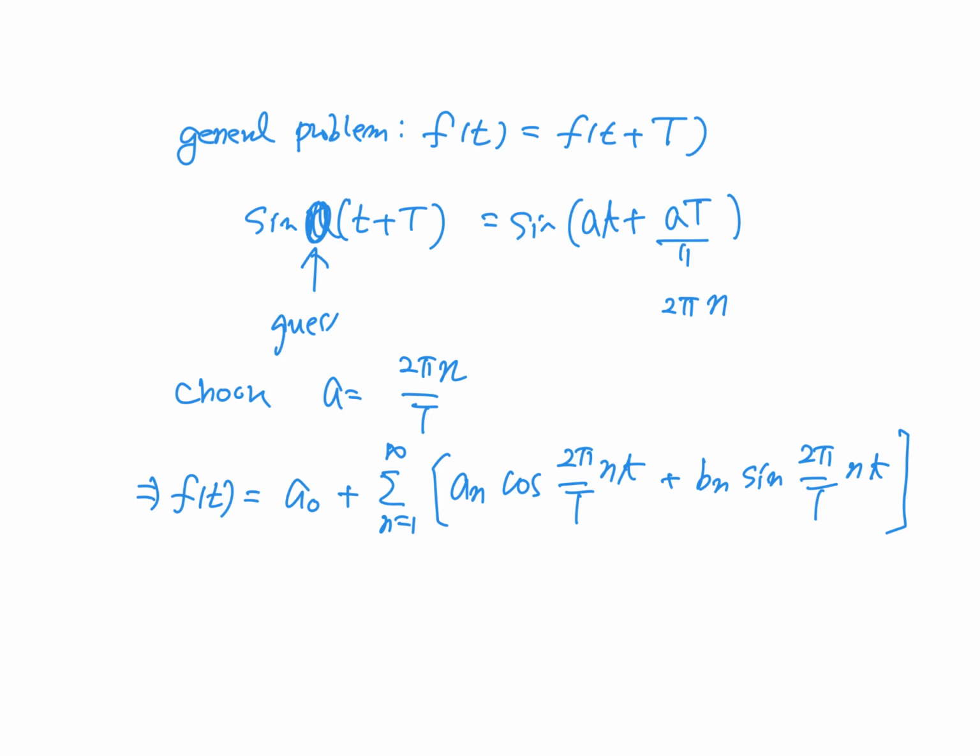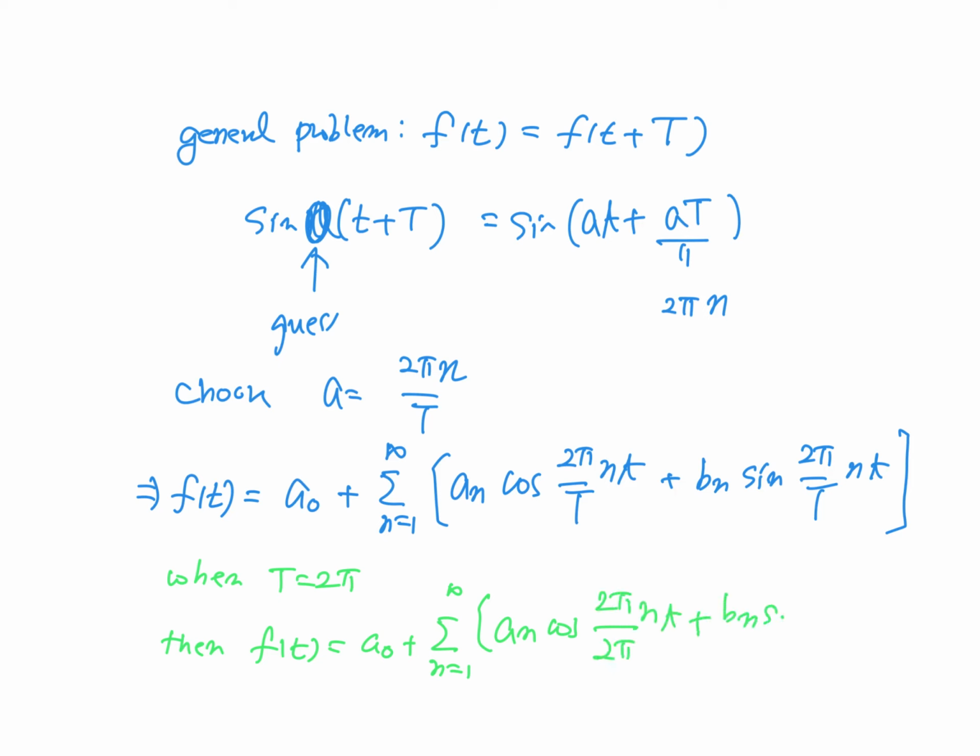So when T is 2 pi, then we have the same result as before, right? Then f(t) is a_0 plus the same as previous expression. So the 2 pi was a special case of that.